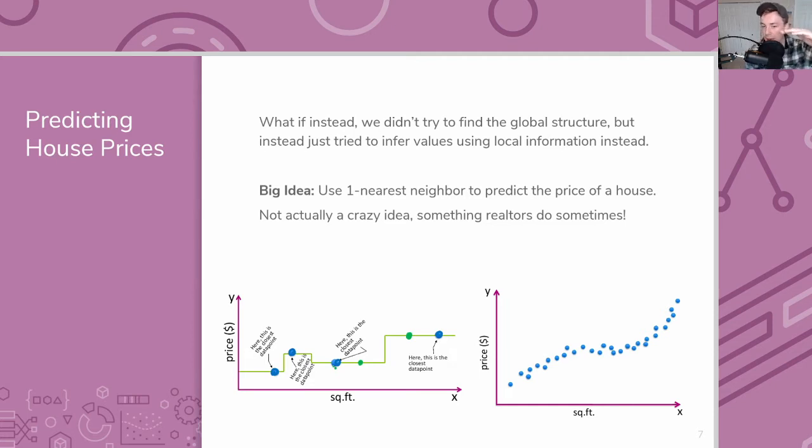And so what you end up having is these areas of constant predicted prices. But there are switch points where when you get halfway between two points, you go from the prediction from one to the other. And so here is just me drawing out the prediction for every possible square footage. The way I do this is just find the nearest example in our training set and predict its price.